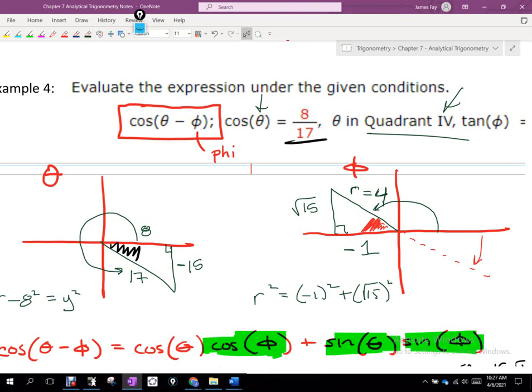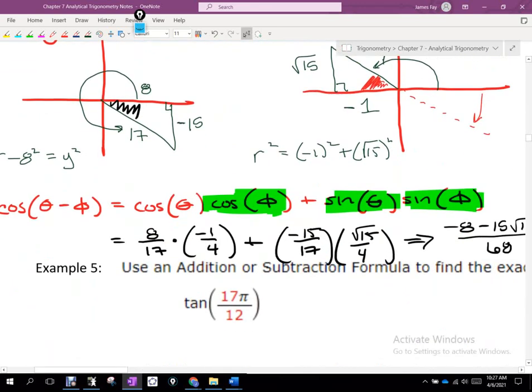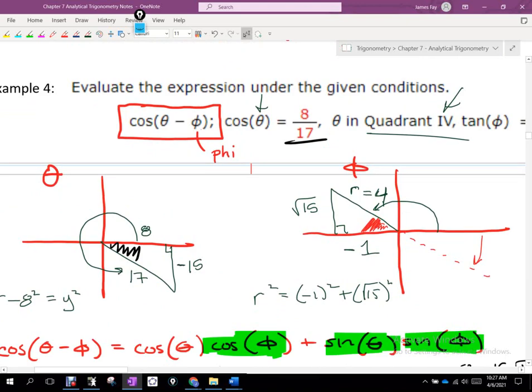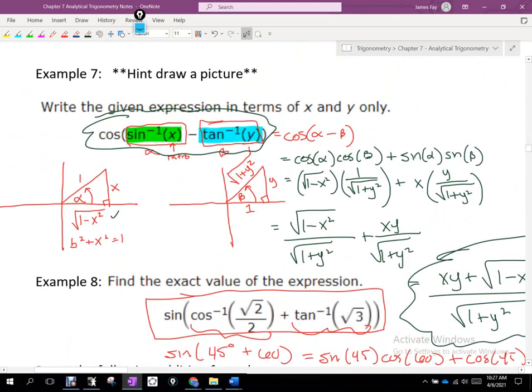Now, some of you might say, well, some of the equations that we see later on will be more difficult. Maybe some of the identity work that we've done is more difficult. But I think there's so much going on here, and there's somewhat of a level of abstraction that occurs when I see, especially this one here, when I see sine inverse of x, to know that that is giving me this angle alpha and ultimately this picture that's attached to it. Okay, I think that confuses people.